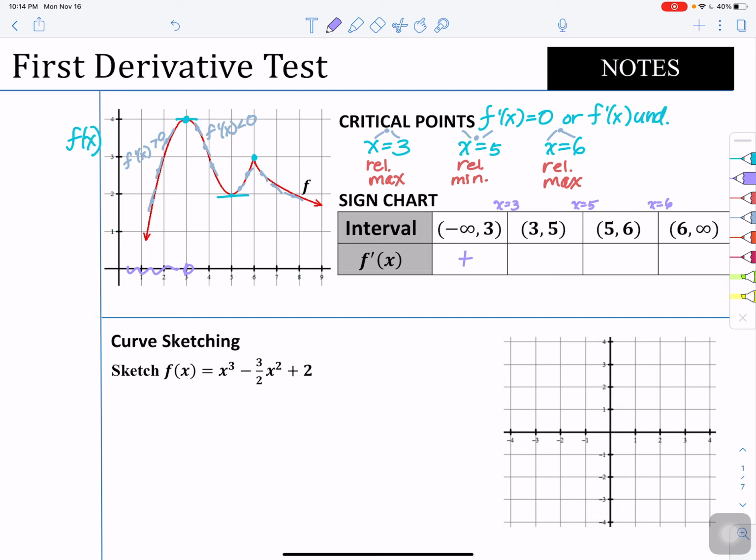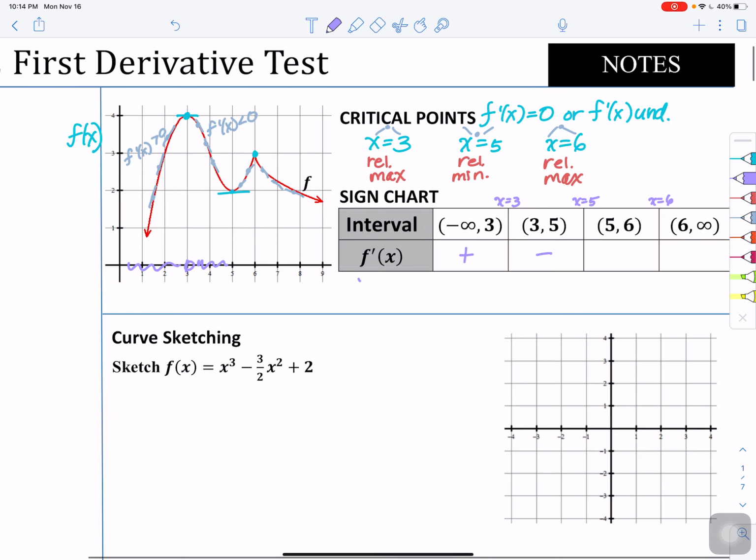From 3 to 5, the first derivative is negative. From 5 to 6, it's positive. And from 6 to positive infinity, it's negative. That's where we made the notes above, really just reinforcing this.